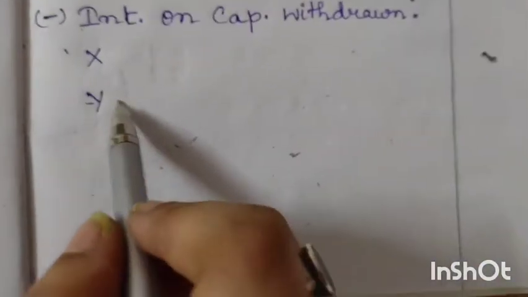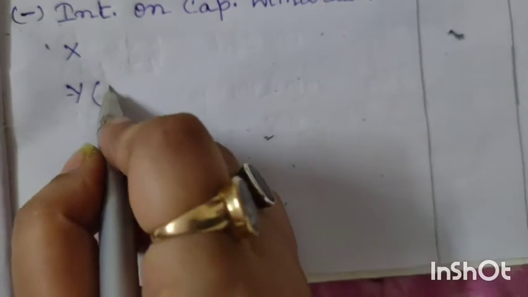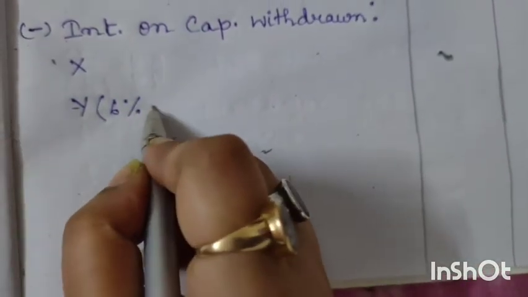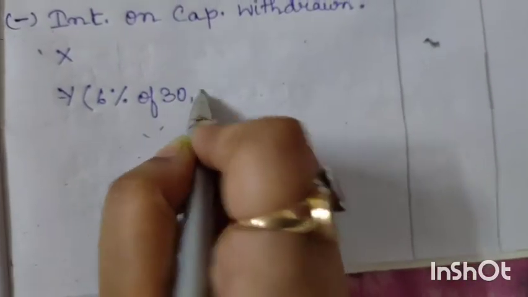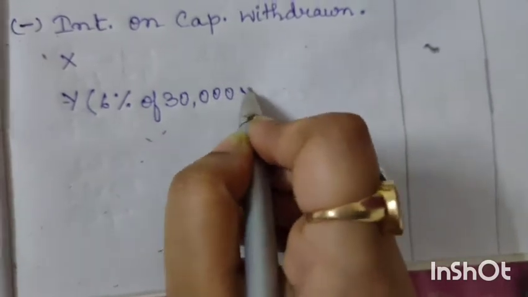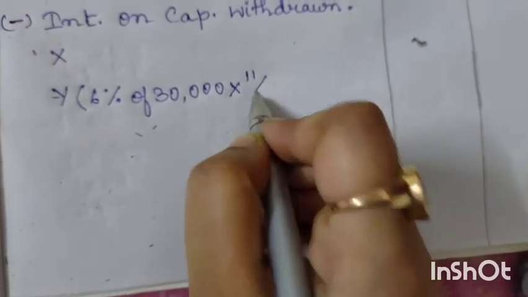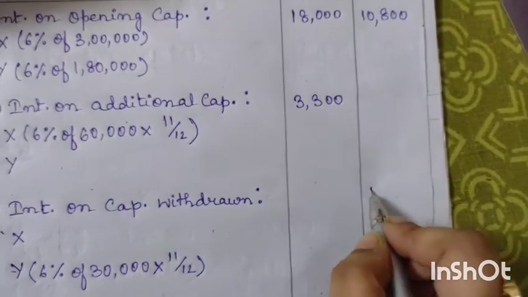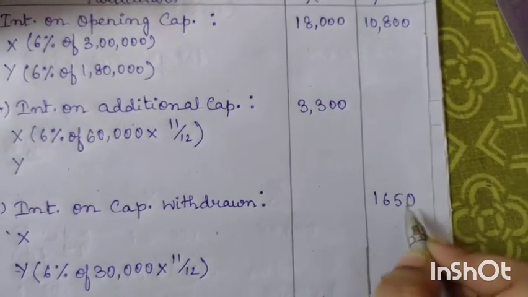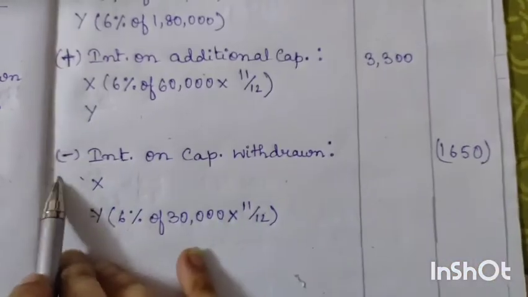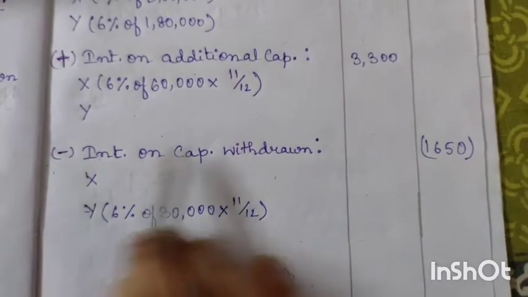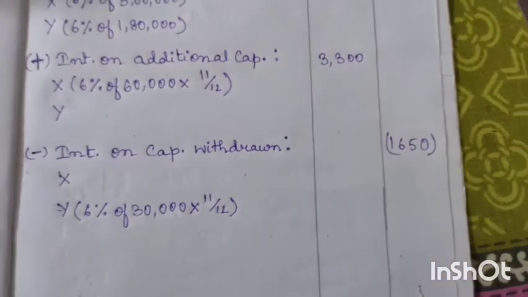So here on interest on capital withdrawn, for Y we will write 6% of 30,000. He has withdrawn 30,000 and the period will be same, 11 by 12. So if we calculate, for Y we will get 1,650. It will be in bracket because minus. Okay, we used to deduct, so bracket 1,650.